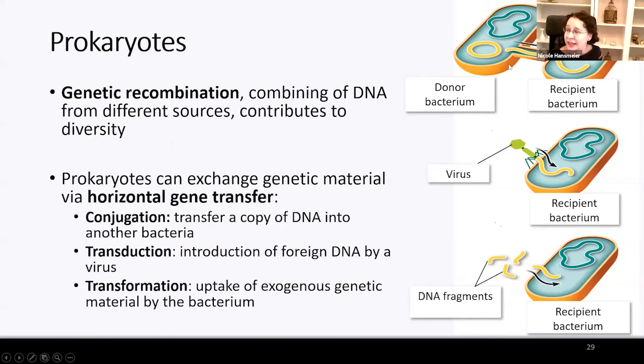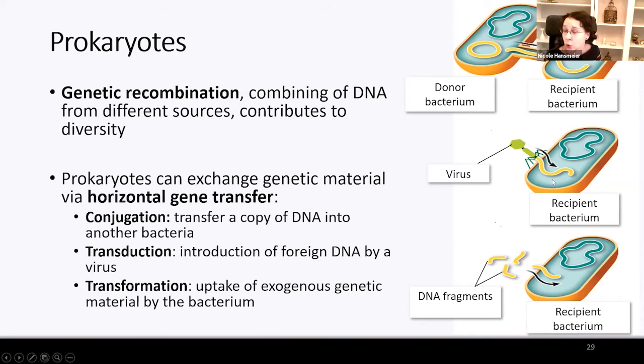This is what we see here, because they can share genetic material with each other. Here you see a small DNA fragment is provided by a donor to a recipient, and thereby this new bacterium also gets this new information. This process we call, you need to remember, conjugation. Then we have transduction. We have viruses which infect bacteria or prokaryotes, and those we call phages, and they can provide additional genetic material when they infect the bacterium.